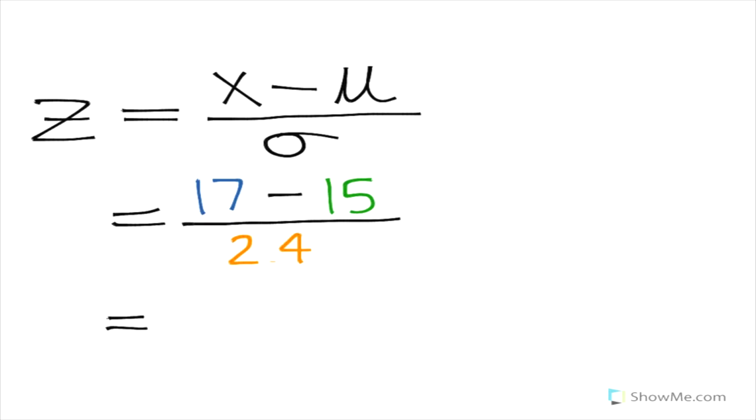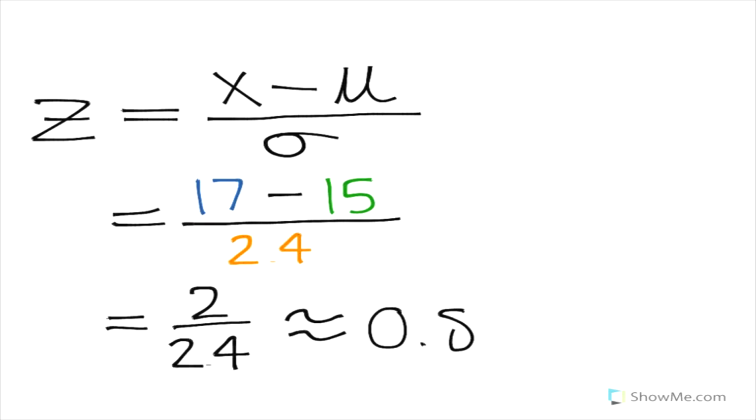So this will simplify out to 2, which is 17 minus 15, divided by 2.4, and you can calculate that in your calculator, and usually you write a z-score to 2 decimal places. So if you calculate that, it will give you a value of z equals 0.83, and remember to stop at 2 decimal places.